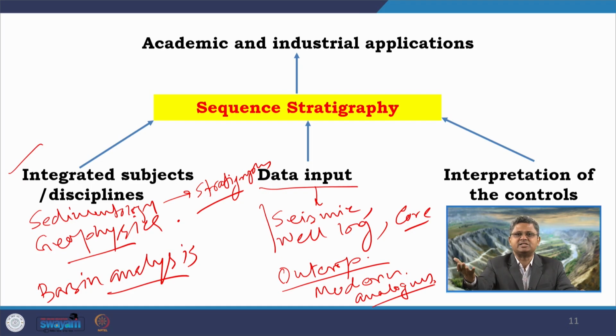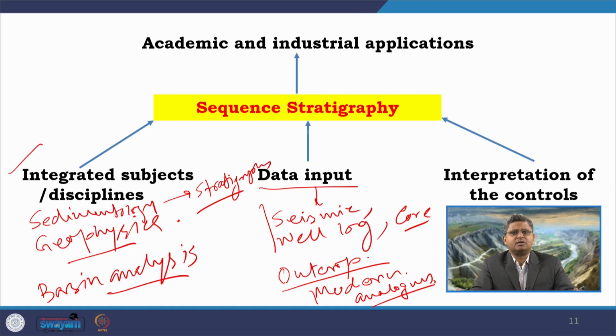So, we look at the present considering that the processes which are going on today used to continue in the same way in the past as well. So, present is the key to the past. So, using that we can also use modern analogues in certain cases as a data input for interpretation part.